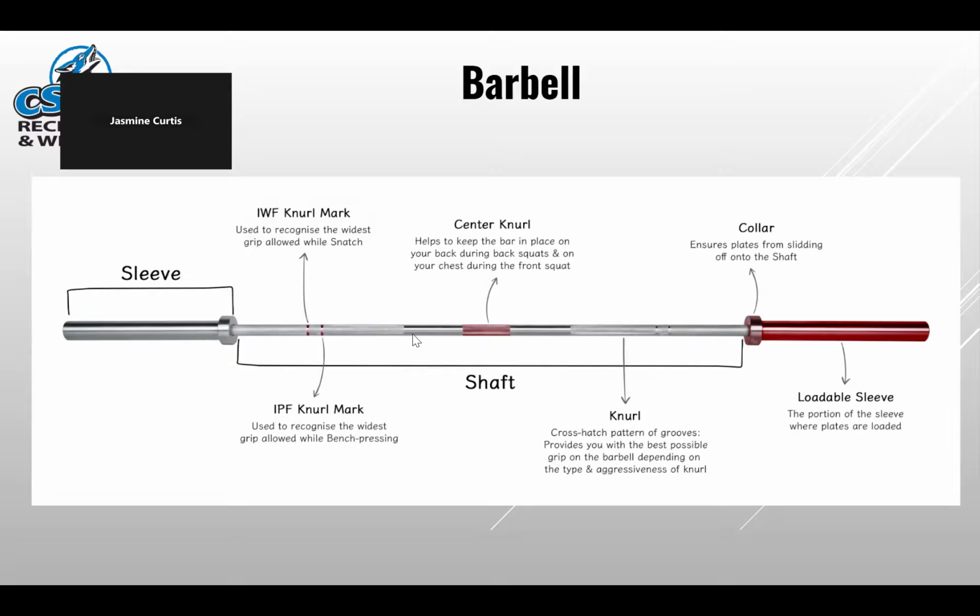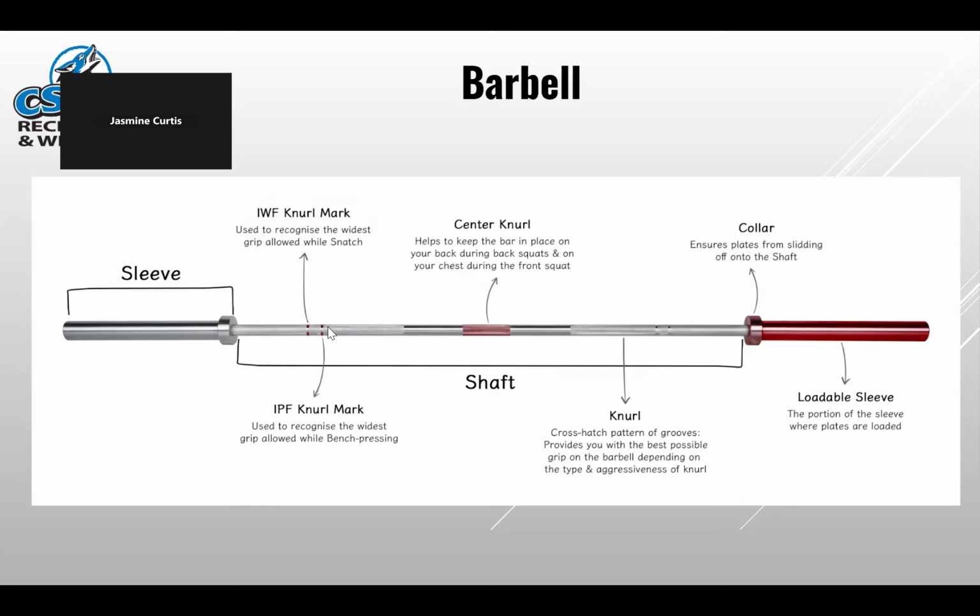The knurling stops in the middle after this center knurl, until we get to where we place our hands, and you'll see this crosshatch pattern of grooves providing you with grip. If the barbells are cleaned frequently and often, it's a really good grip. And if not, they kind of get caked with dead skin and dirt and it gets a little gross.